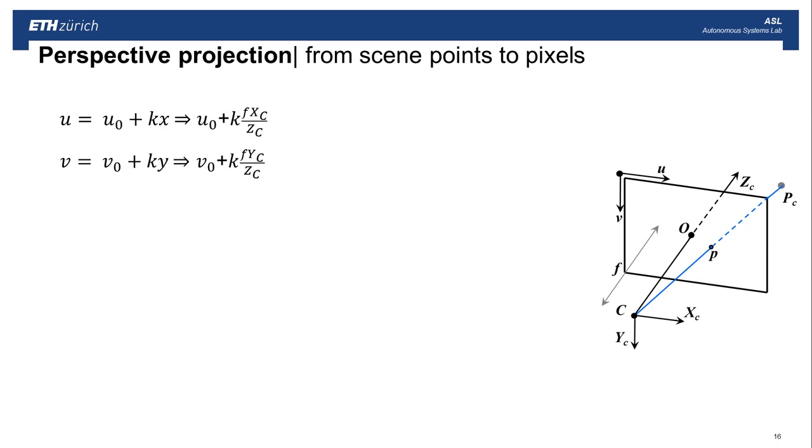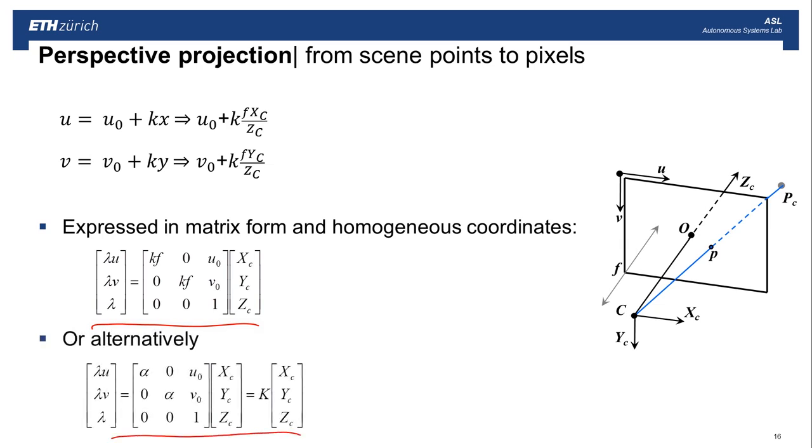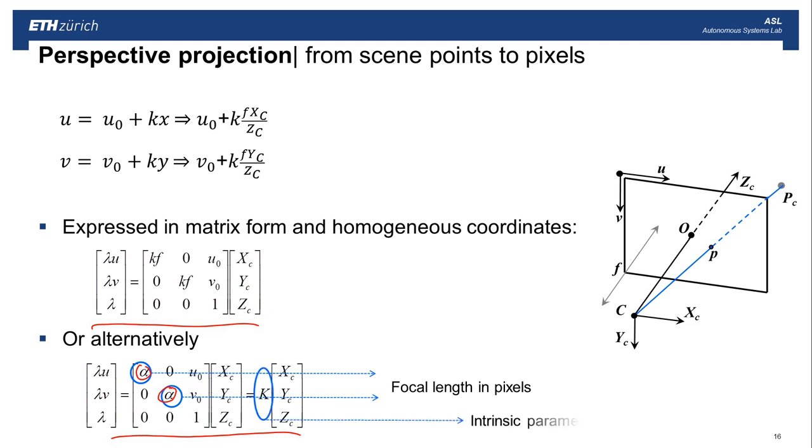Now, using homogeneous coordinates and matrix representations, we can write the two equations of perspective projection in a more compact form, which is this one here. Or alternatively, in this way, where we have replaced the product k times f by the parameter alpha. We call alpha the focal length of the camera in pixels, and K the matrix of intrinsic parameters. The intrinsic parameters are alpha, u0, and v0.